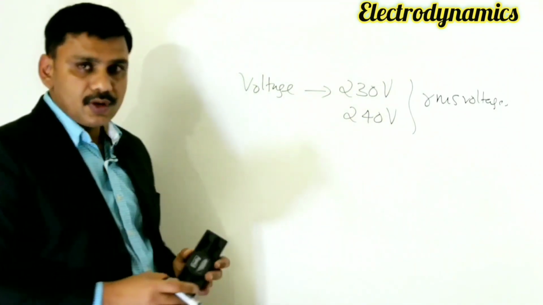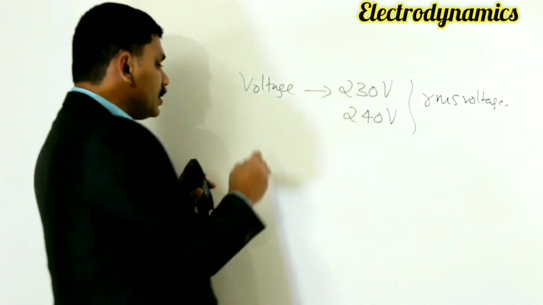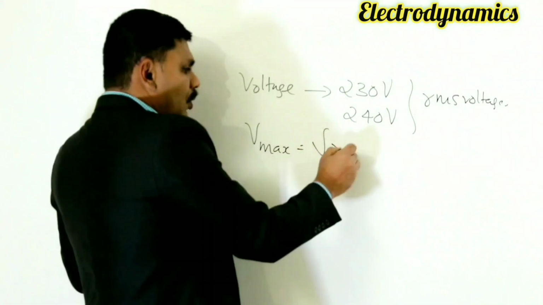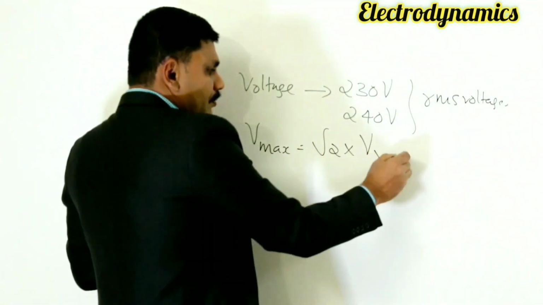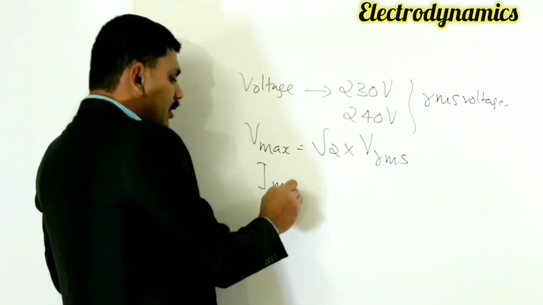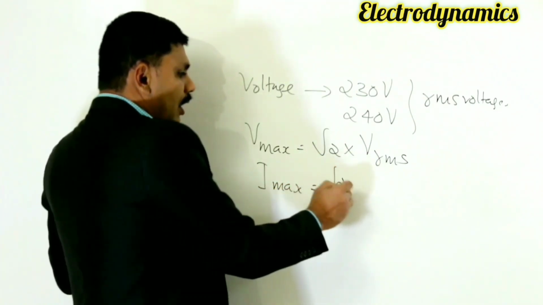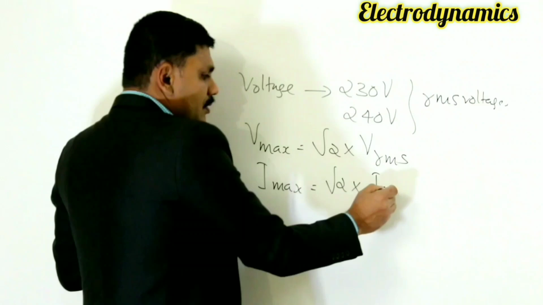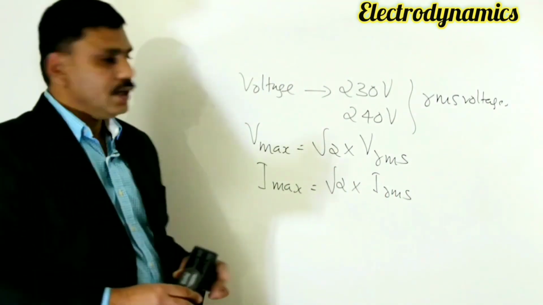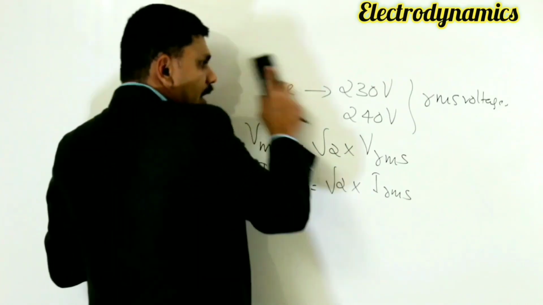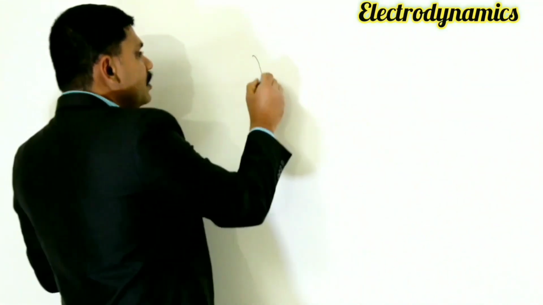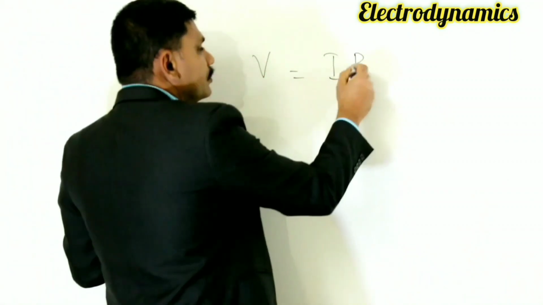So from RMS voltage, how will you get the maximum voltage? Maximum voltage equal to root 2 times Vrms. How will you get the maximum current? Root 2 times Irms. From voltage you can calculate current. If the resistance is given, you have the basic equation V equal to IR.